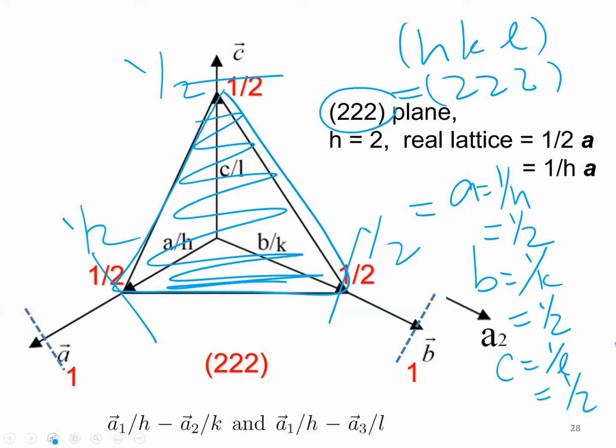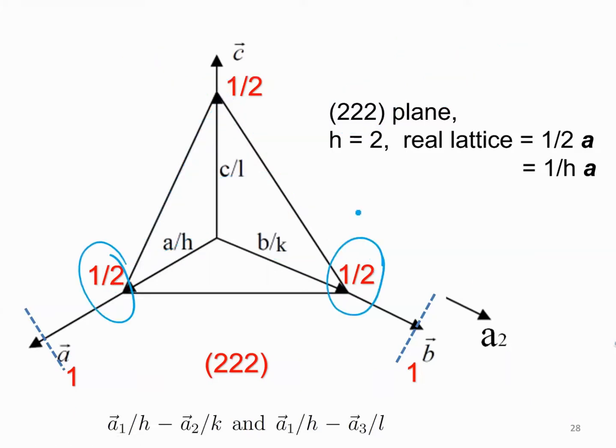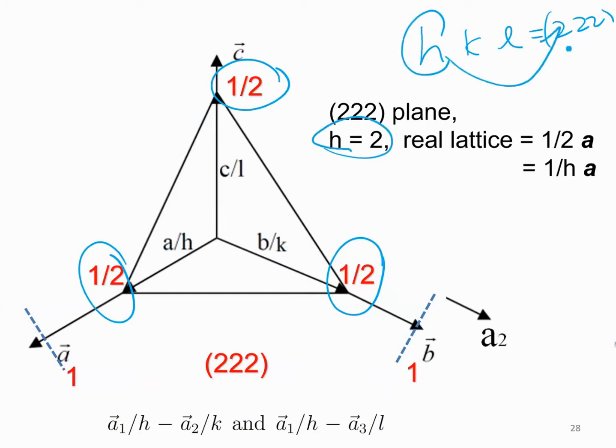So in the real lattice, this is half, this is half, this is half for the 2 plane. When H equals 2, the real lattice intercept equals half A, because it is 1 over H. Or you can also write it as 1 over H times A.